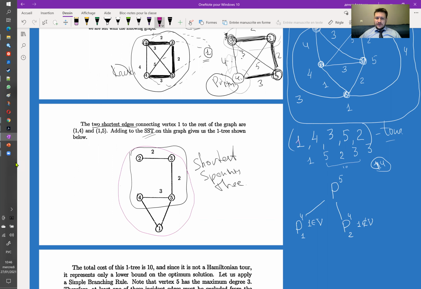So the degree here is only 1. We have only 1 road from 2 to 3. Here we have 2 roads. We have 3. We have 2. And we have 2. So our favorite is 5.